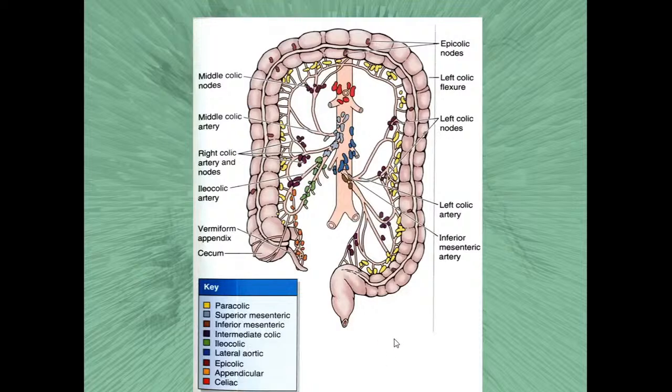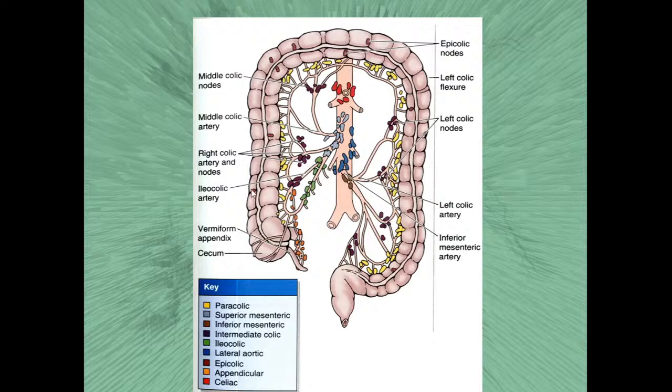Lymphatic drainage from the large intestine. The large intestine has a system of lymphatic capillaries collecting lymph into the lymphatic vessels, and then through the lymphatic vessels lymph gets to the regional lymphatic nodes.